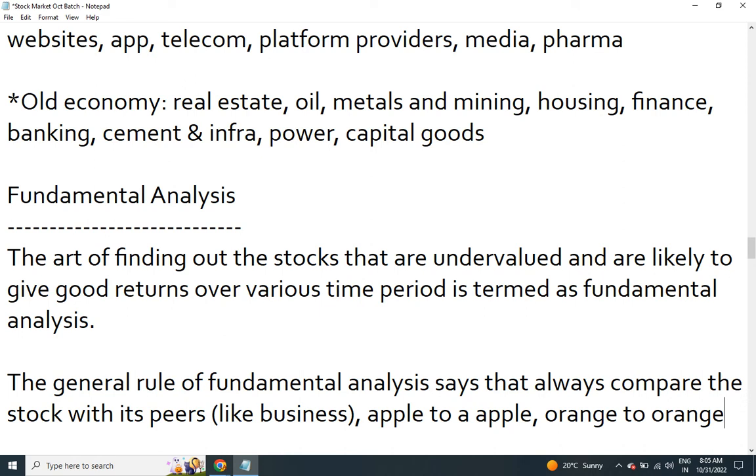So compare orange to an orange, apple to an apple. Within a sector, whatever stock you have found that looks very cheap, looks like a compelling buy because it seems undervalued, then you will know how exactly or how deeply it is undervalued by comparing this stock with other stocks.